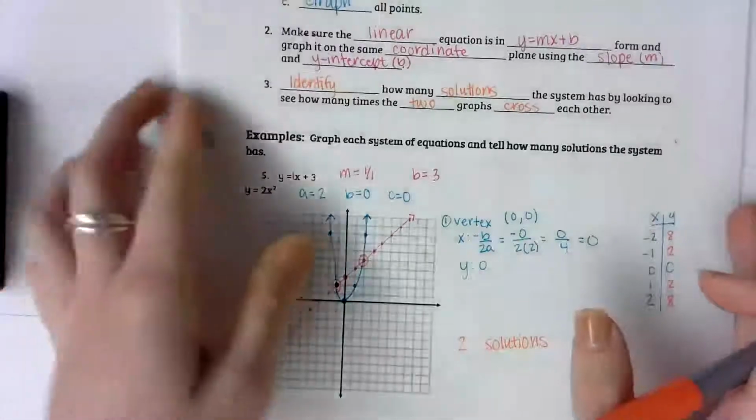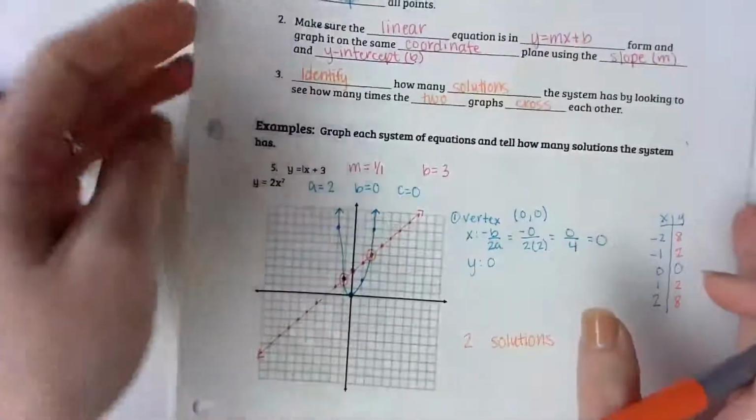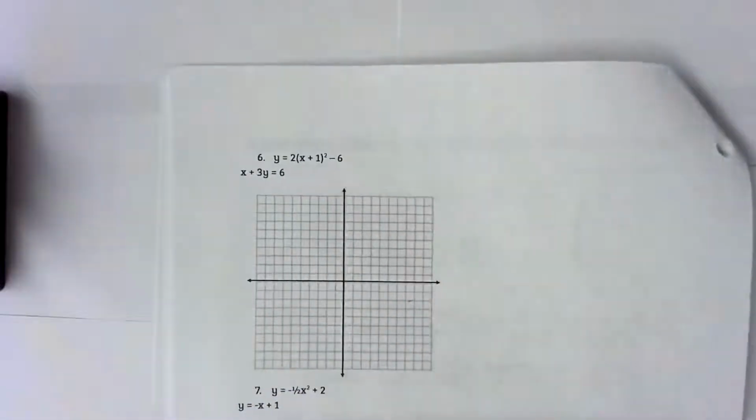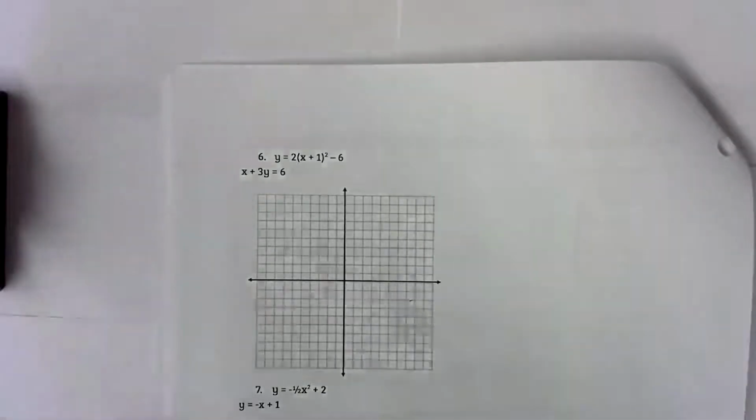Okay, so let's do another example. So here is one in vertex form.